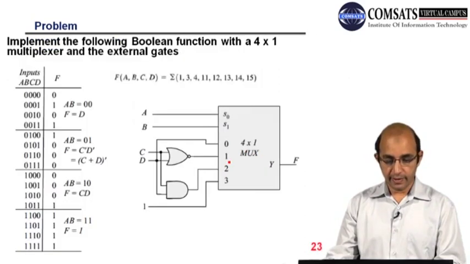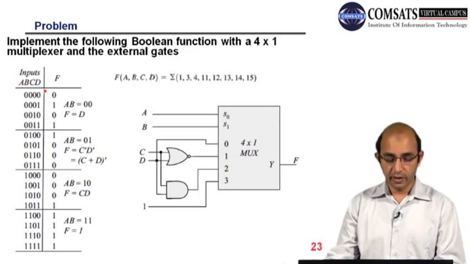Okay. This is another problem. We have to implement the Boolean function with a 4 into 1 multiplexer, and we can also use some external gates. This is the Boolean function that we have to implement. You can see we have A, B, C, D. These are the inputs because we have 4 variables.